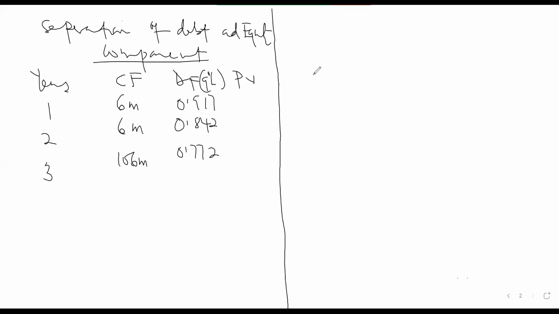So what will be the present value? Year 3 will be 81.83. Okay. Year 2 will be what? 5.05.